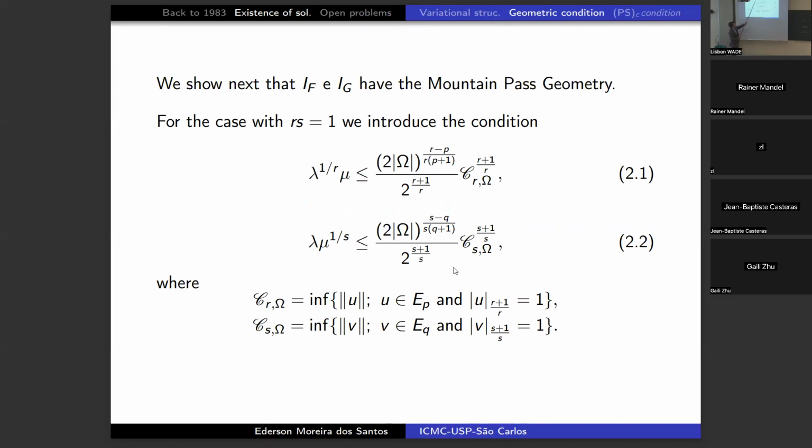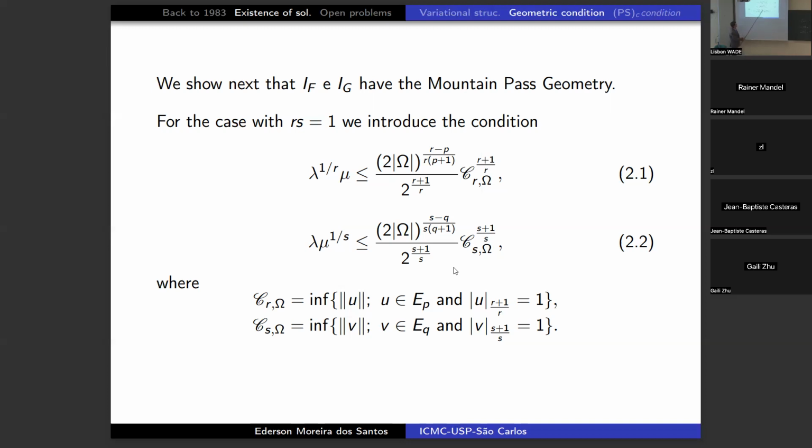Observe that since r times s equals 1, this and these are equivalent. Here, if we put the power r here, I would say mu to the power r, but r is 1 over s. It's what appears here. So this is more or less equivalent.